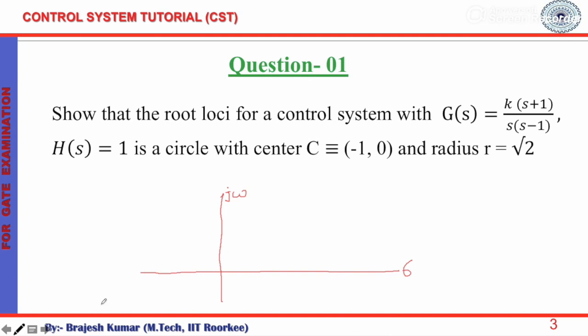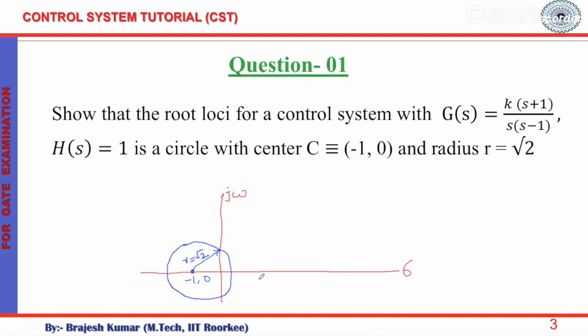Here is your -1, 0 point, and if you draw this circle according to the question, it will look something like this, with a radius r = root 2. Though you are not required to draw any diagram and have to prove this analytically, I have drawn this diagram for the sake of understanding.